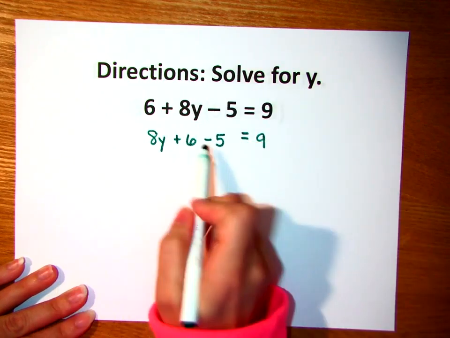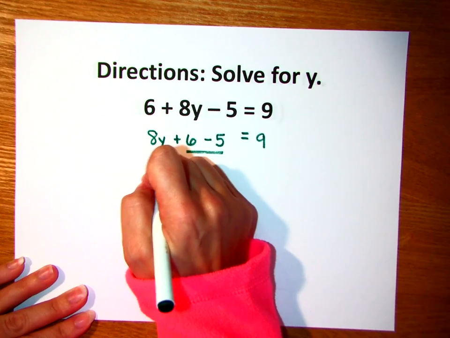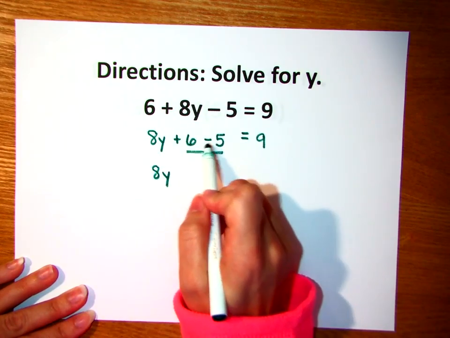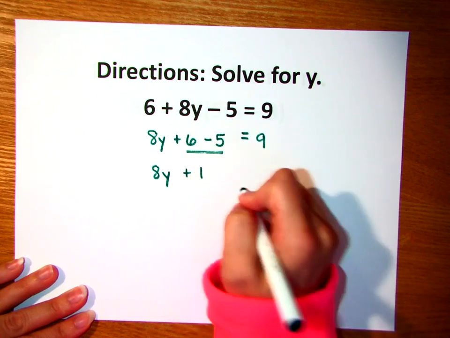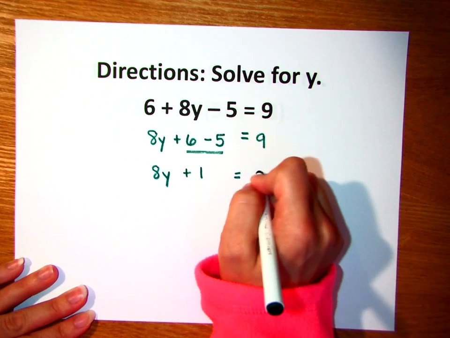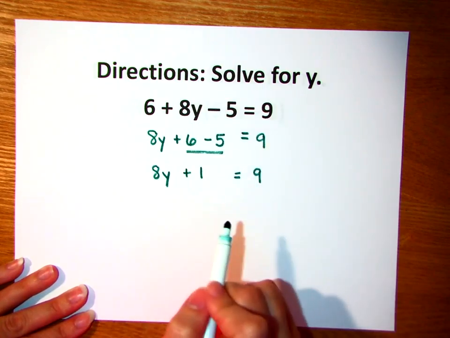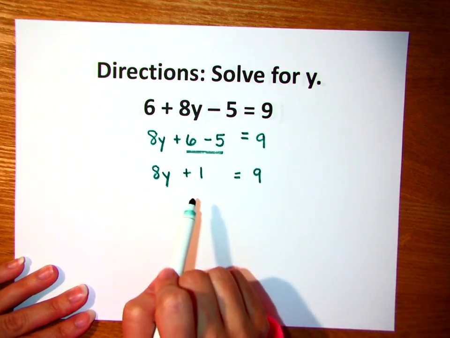Now what we can do is combine these like terms right here. So we bring down the 8y, which we haven't done anything with. We do 6 minus 5, and 6 minus 5 is 1. And we bring down the equals, we bring down the 9. Now we're going to do that order of operations backwards, where we start with adding and subtracting. What is being added or subtracted to the variable?